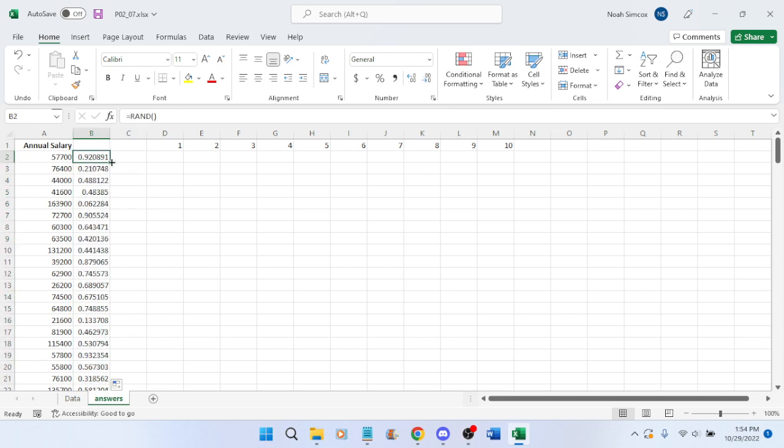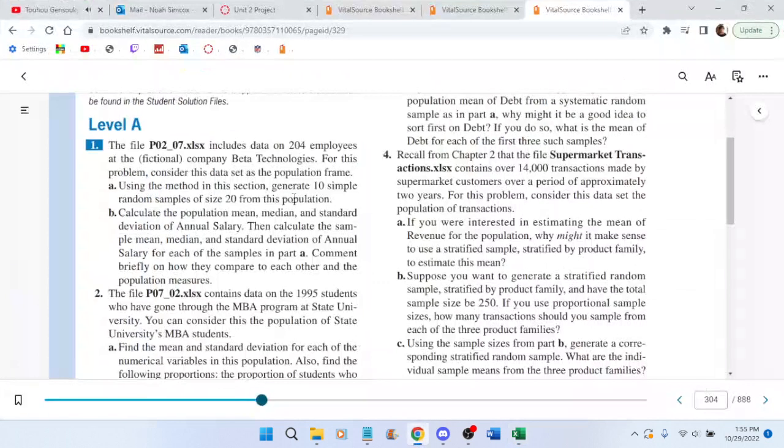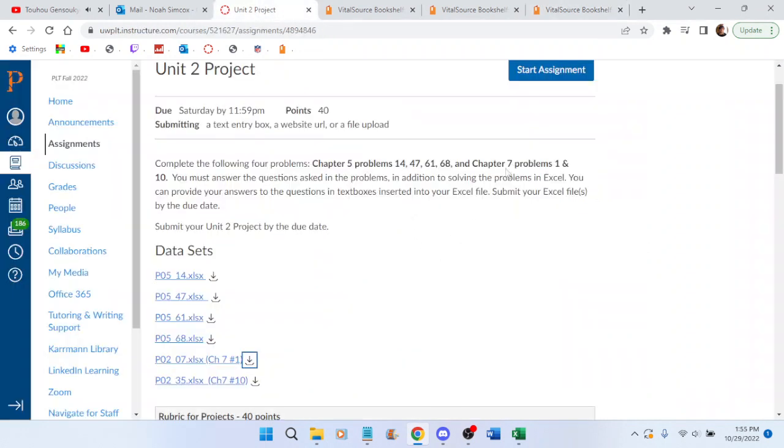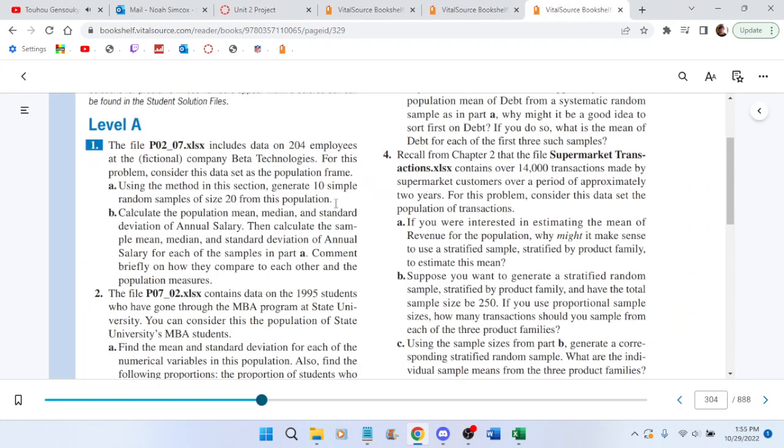You can change your generation over and over again by just doing this. That's a very nice thing. So we've generated one random set of numbers. We want our samples. We're doing 7-1.